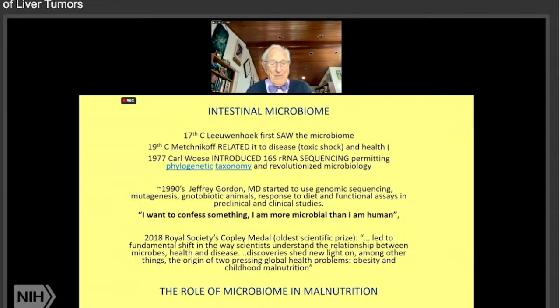One of those awards in 2018 was from the Royal Society, which bestowed its Copley Medal, which is the oldest scientific prize in the world. And I would just read, as put on the slide, the reasons for that award. It's because his work led to a fundamental shift in the way scientists understand the relationship between microbes, health, and disease.